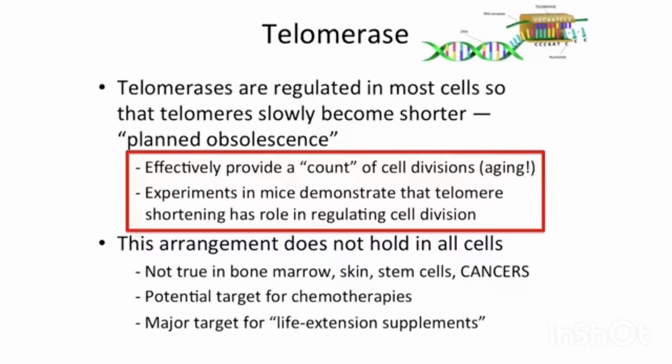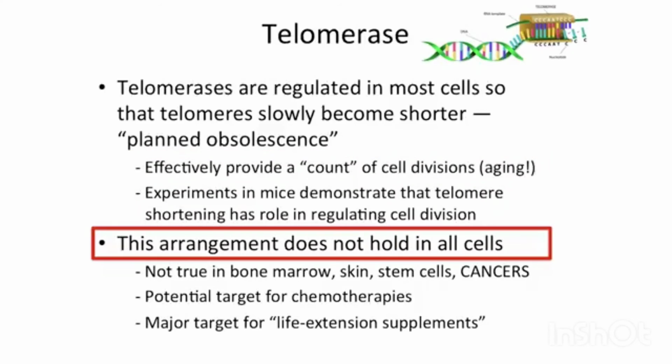Often, if you look at cells in an organism over time, you can see the loss of telomeres as part of the aging process. Looking at mice has shown us that this shortening of telomeres actually has a role in regulating cell division.